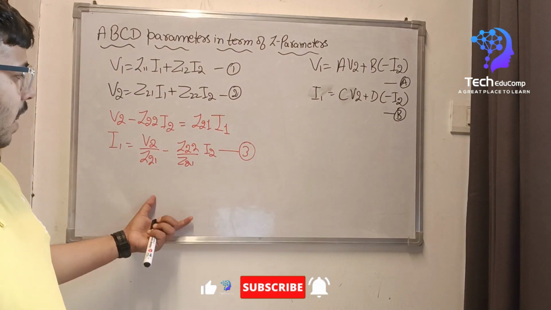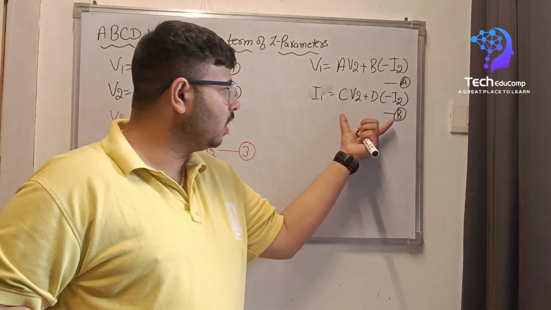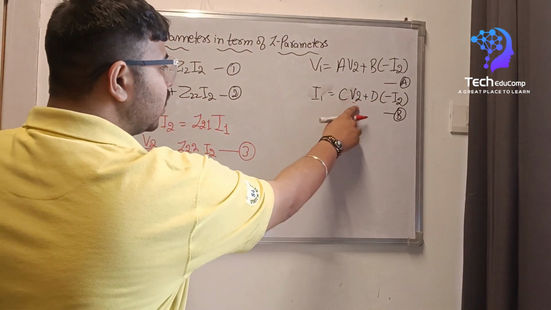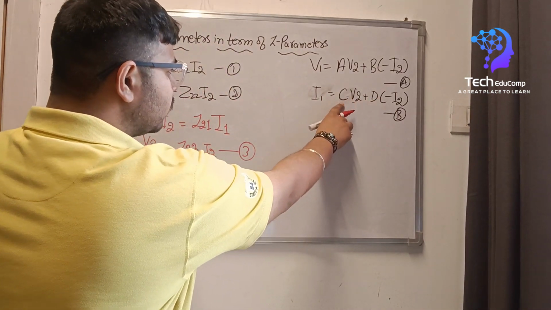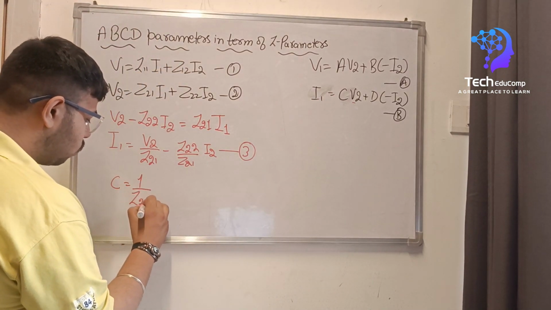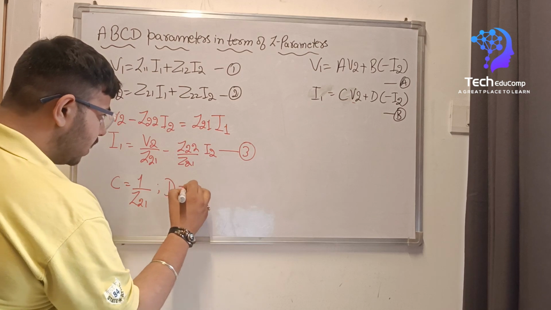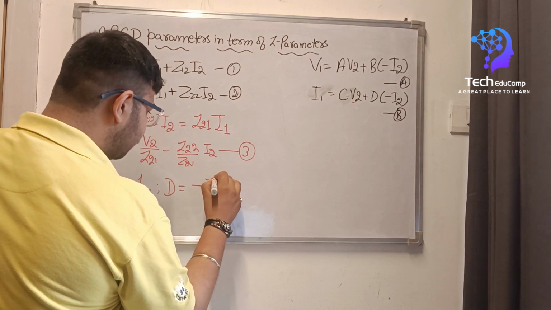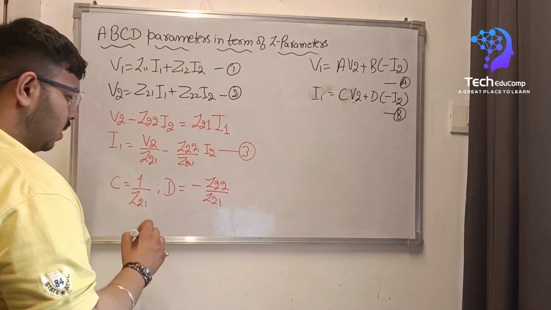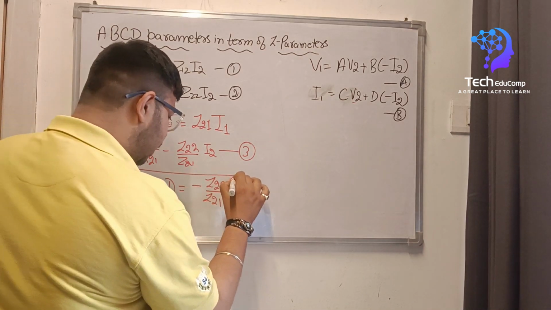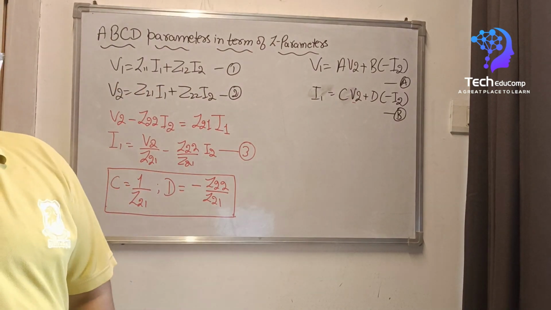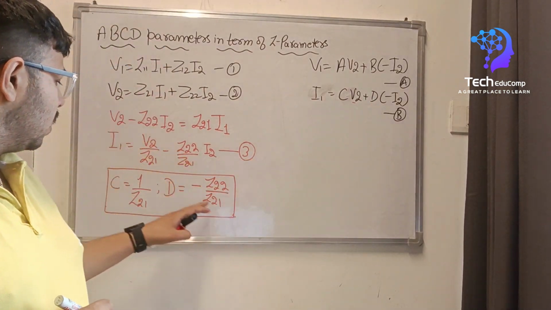When you compare equation number 3 with equation number B, C will be 1 by Z21, and D will be minus of Z22 upon Z21. This is how you write your C and D. Because what is D?